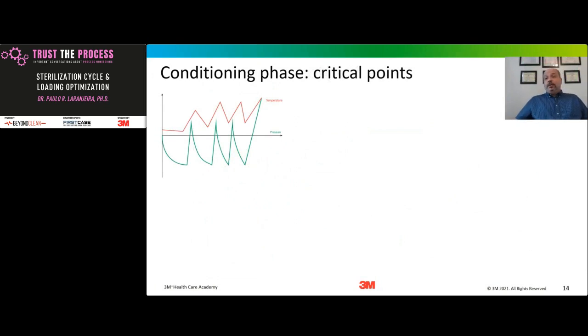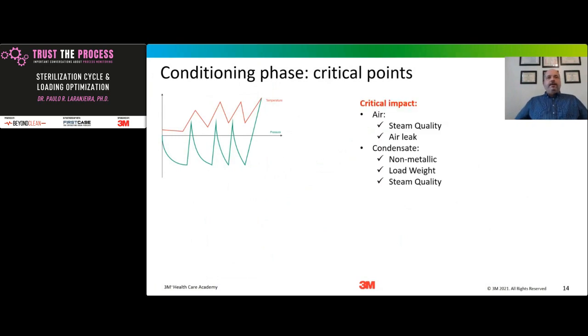So let's look into the critical points for us to have a controlled conditioning phase. First, what does impact my conditioning phase? Air. Steam quality. I need to make sure my steam has the correct quality specified by the standards.